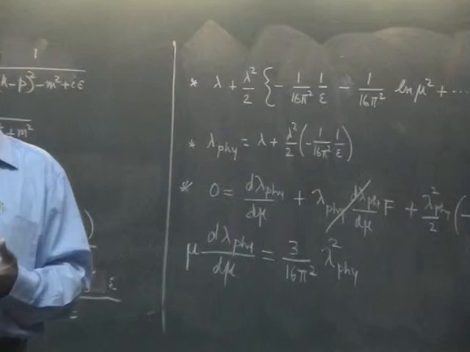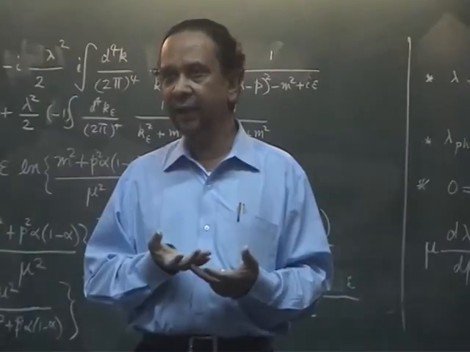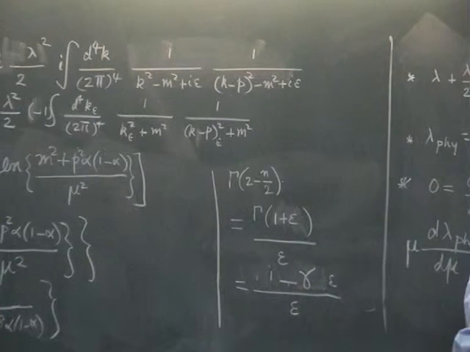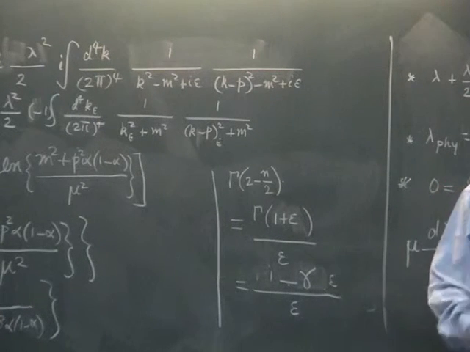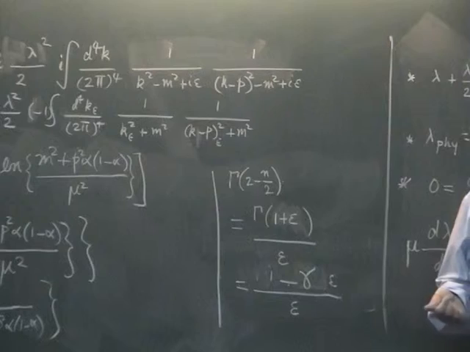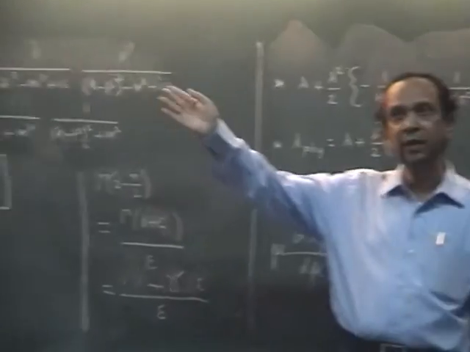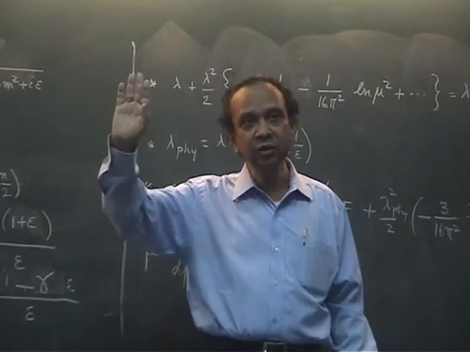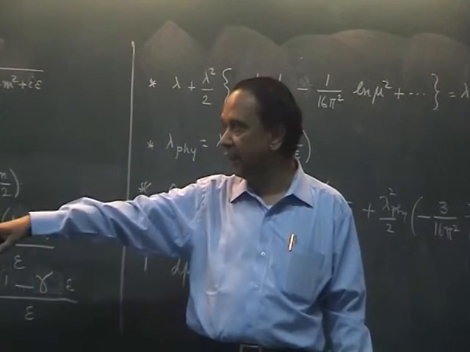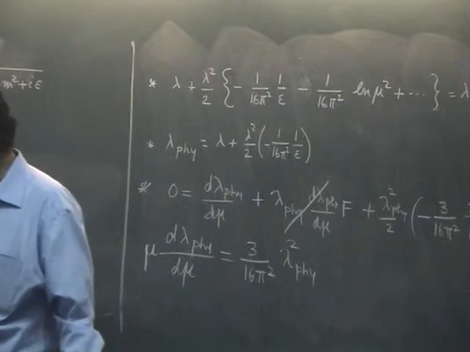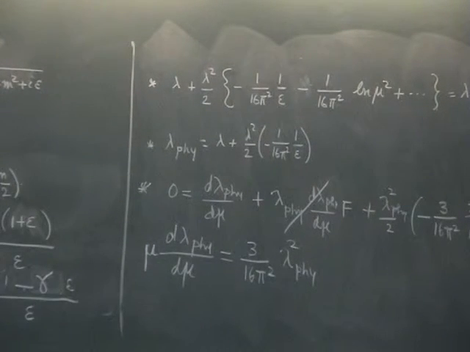A slightly more modern approach, or a better approach, would be to say that the lambda physical which is here actually contains information about mu, because this is in response to Pawan's question that originally when we did this calculation, we put in a mu and took out a mu. Then when n goes to 4, that mu went away, but the mu dependence on this hung around. So the other mu is actually hiding inside this epsilon, because that is the term which we threw away.